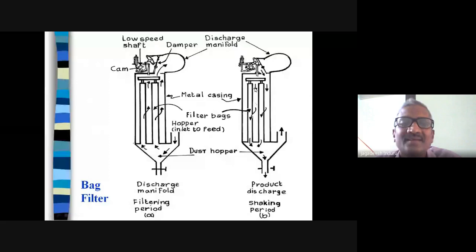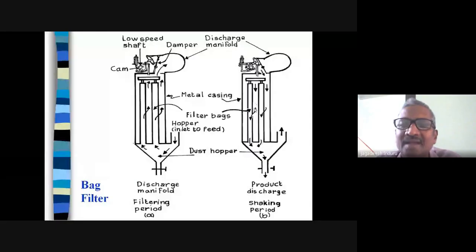Previously, the air was present inside the bag and going out. Now, the air from the outside environment, outside the filter bag, is entering into the filter bag and going down. This is called the shaking period. In the shaking period, what will happen? The air pushes the blocks which are present in the bags, and it allows the powder to come down.